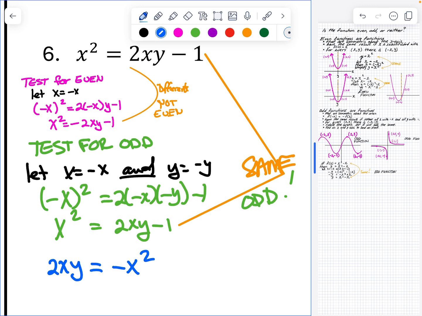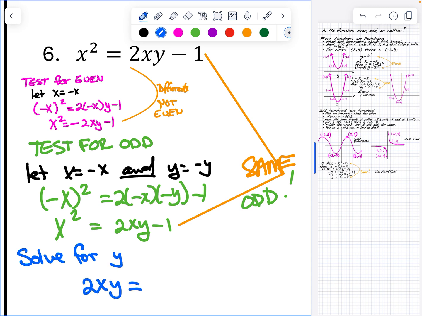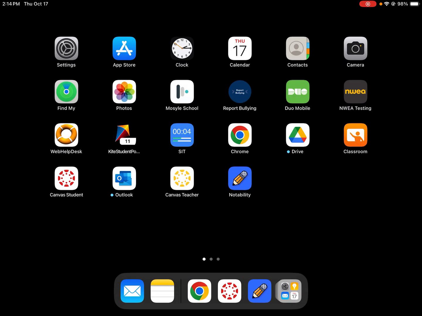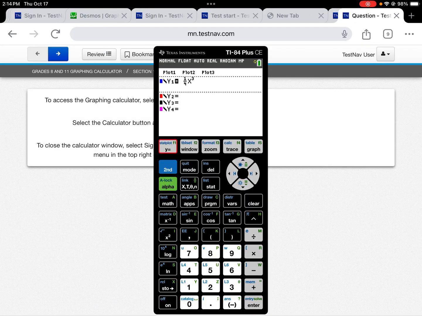I'm going to solve for y, which means I have 2xy equals x squared plus 1. I would divide by 2x, which would give me y equals x squared plus 1 divided by 2x.